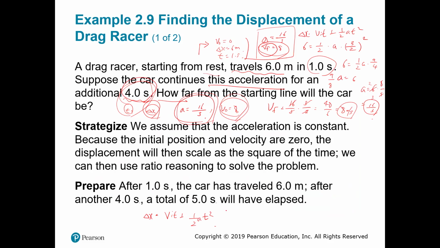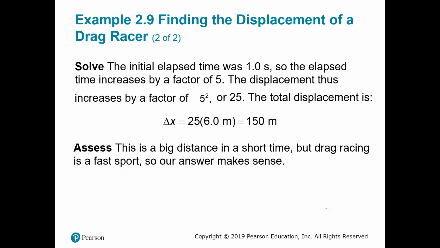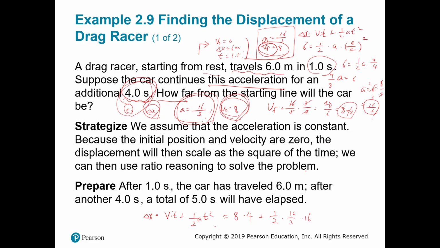So our delta x is v_i t. Again, v_i is not 0 at this point because this is going to be a, right? So it's a times our t, which is 4, plus 1/2 a t squared, right? So you can find the delta x. But that's not the answer. Why?